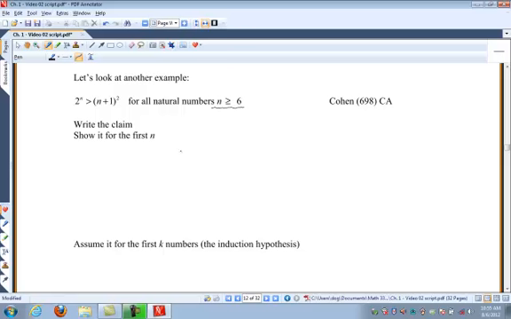Show it for the first n. 2 to the 6 is greater than (6 plus 1) squared equals 42. Yeah, well, 2 to the 6th is 64. That's greater than 49. I think I had my squares in my brain. 7 squared is 49. Check.